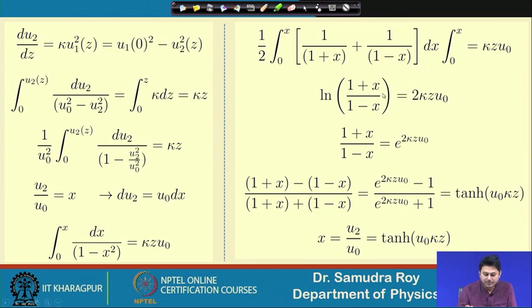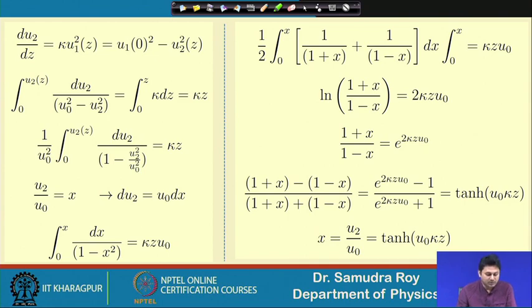In the right hand side, ln of that is 2 kappa z u 0. So, it will become exponential 2 kappa z u 0. So, 1 plus x divided by 1 minus x is this quantity, and from that we can readily figure out what my x is. I just make a simple algebraic calculation, and this term becomes simply tanh of u 0 kappa z.